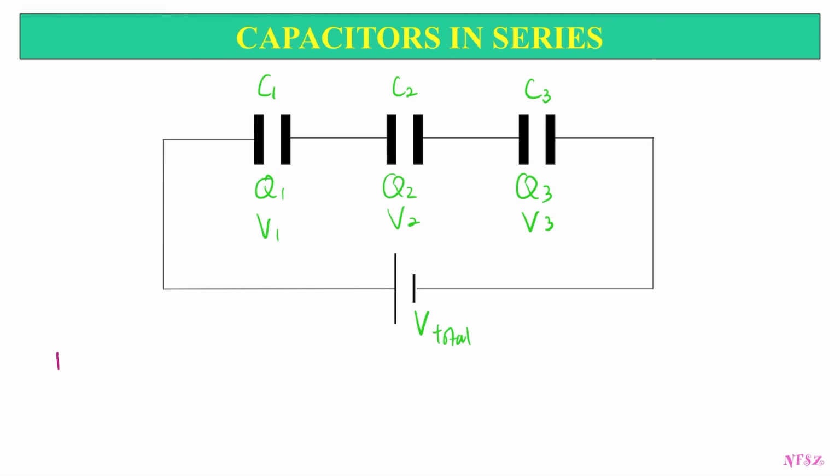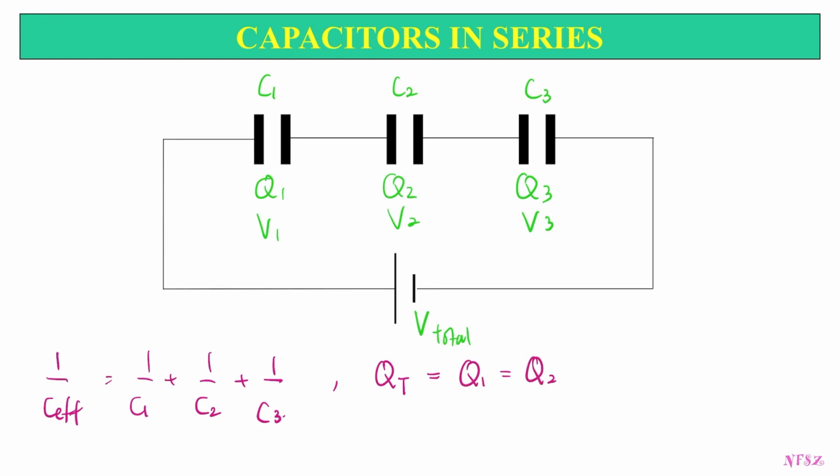So 1 over C effective equals 1 over C1 plus 1 over C2 plus 1 over C3. Then for series arrangement, you need to know that Q total of the system equals Q1 equals Q2 equals Q3.